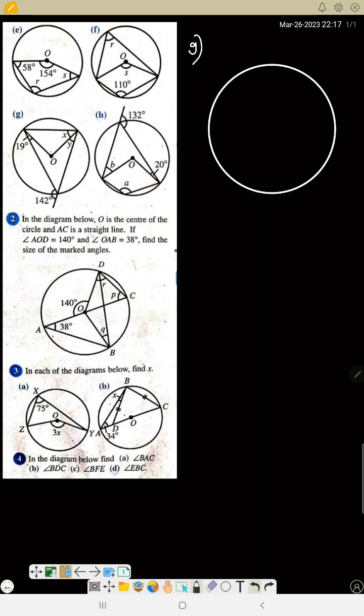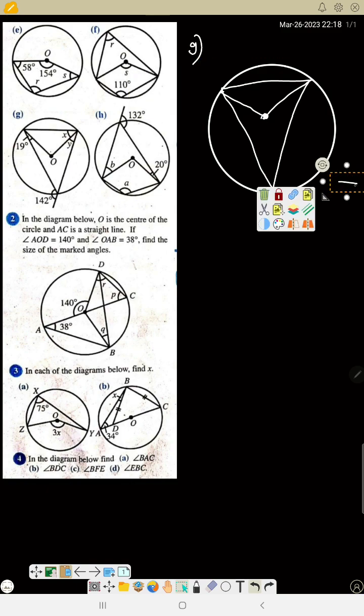So we have center, so this place is 142 degree.